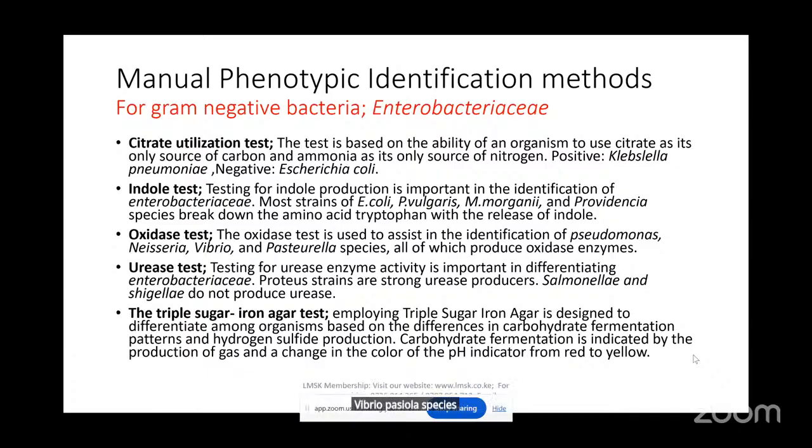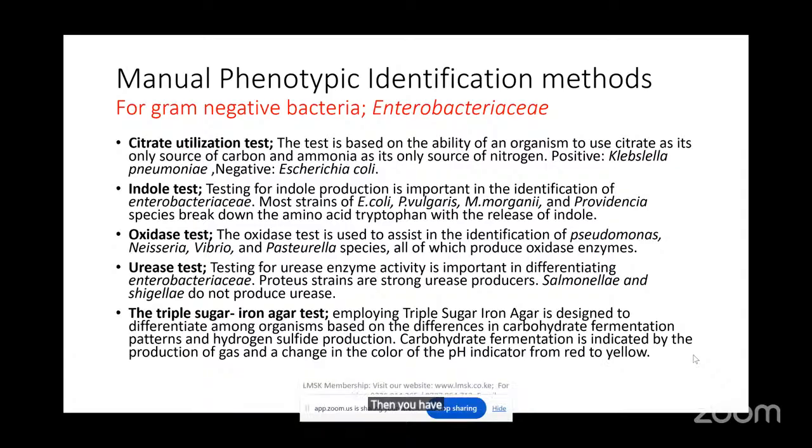These organisms are able to produce oxidase enzyme. Then you have urease test. Testing for urease enzyme activity is important in differentiating Enterobacteriaceae. Proteus strains are strong urease producers, and Salmonella and Shigella do not produce urease.